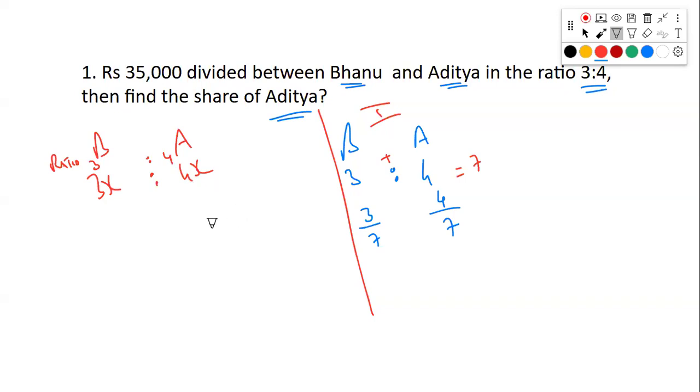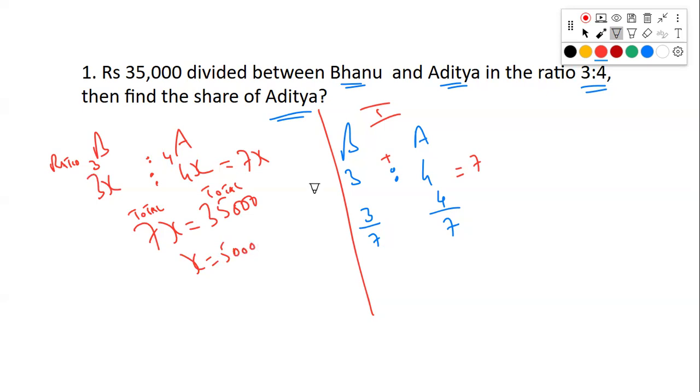Now, what is the total if I add up both Aditya and Bhanu? It is 7x. And now I can equate 7x to 35,000, because the right side is also the total, we are dividing 35,000 between Bhanu and Aditya. 7x is also the total, which is divided in terms of Bhanu and Aditya, 3x and 4x. So my x is equal to 5,000.